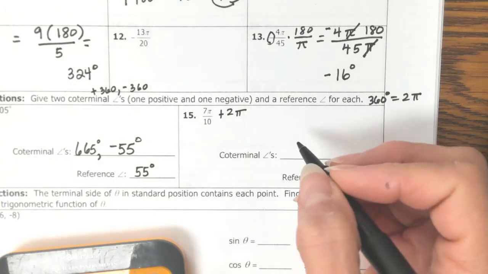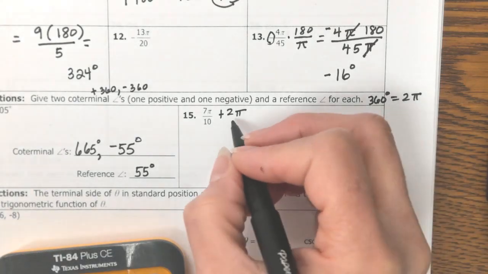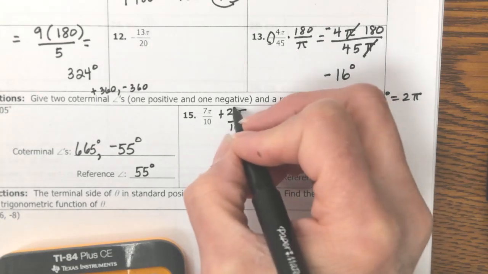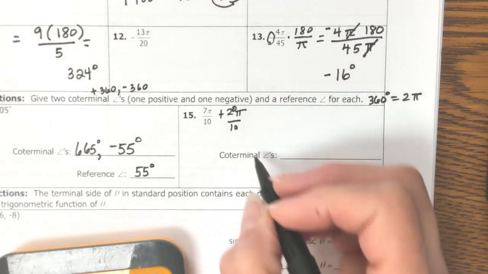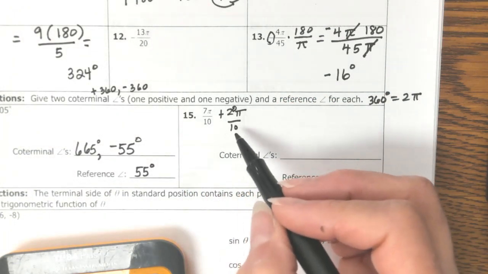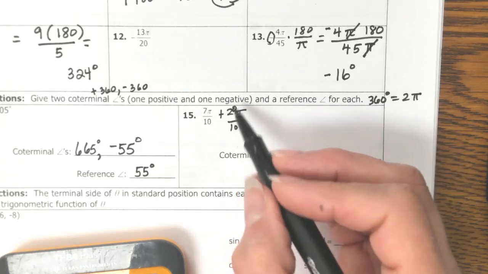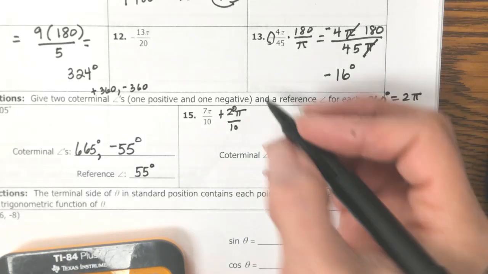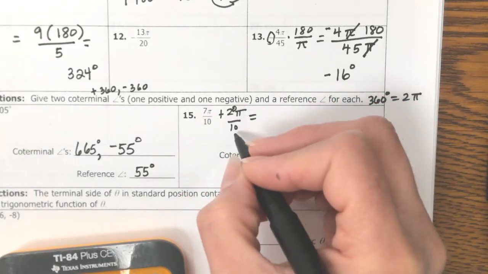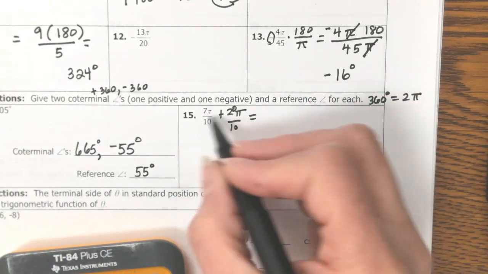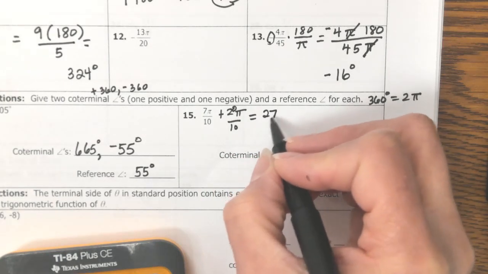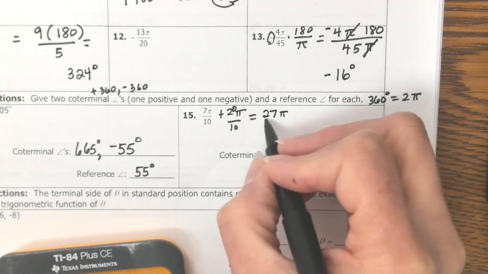Now, we need a 10 to be on the denominator. So that really makes it 20 pi over 10, because that is 2 pi if you reduce 20 and 10. Now, if we add 20 pi over 10, you're going to get 27 pi over 10.